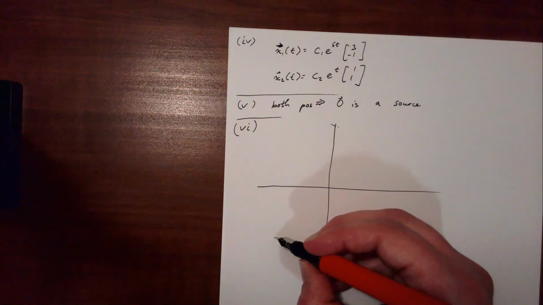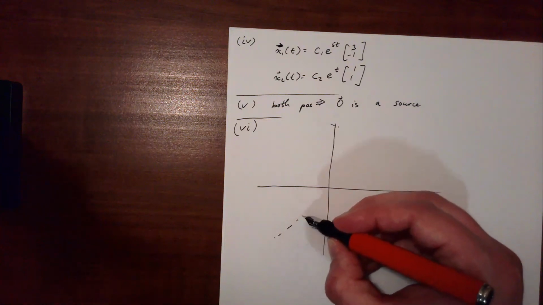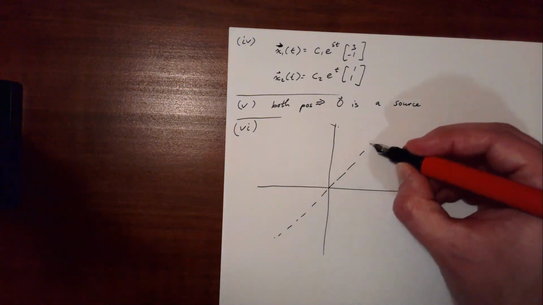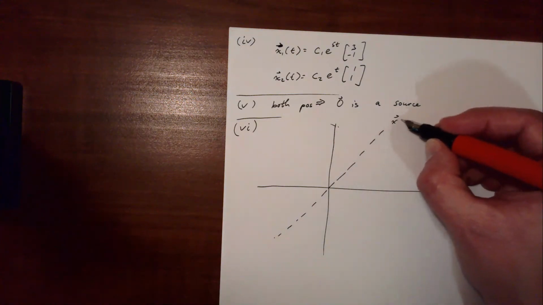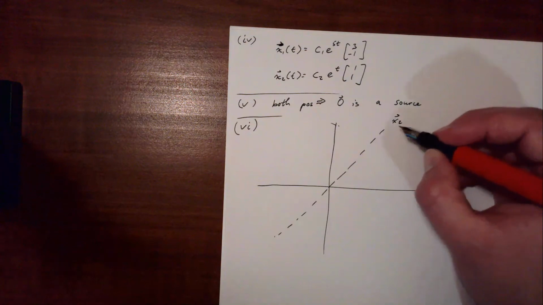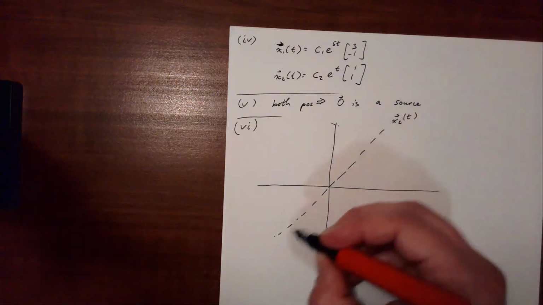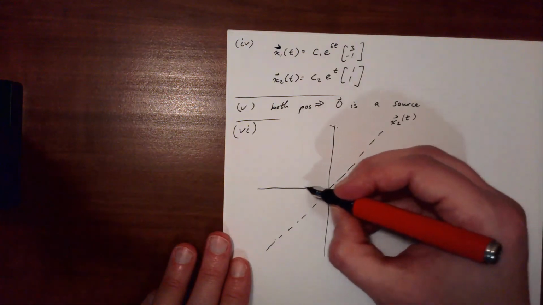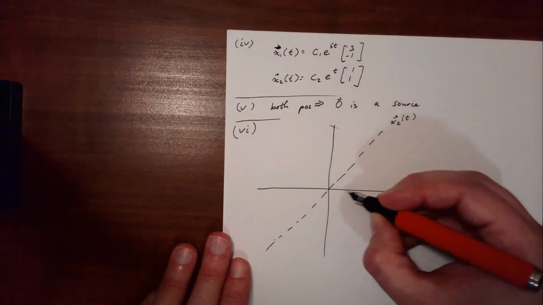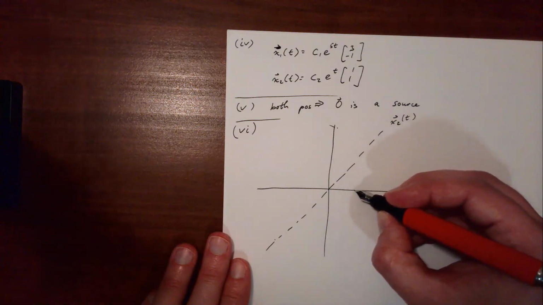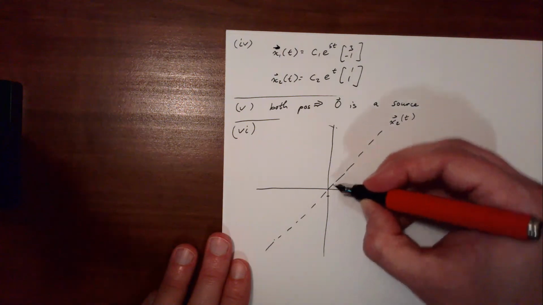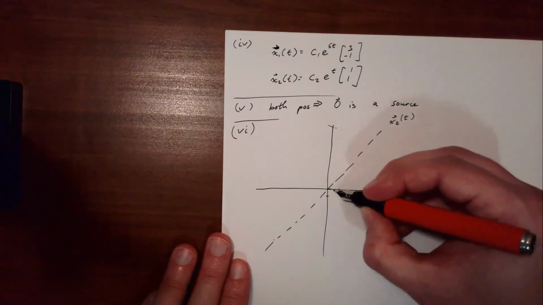So I'm going to start with the direction indicated by V2. So x2 of t represents solutions along this particular line. The other one, 3 negative 1, so it's 3 over negative 1 down. Represents going from here to here.